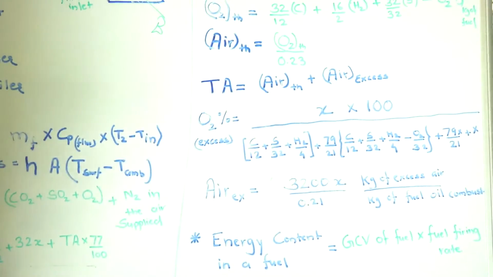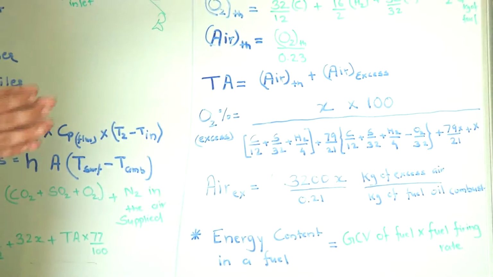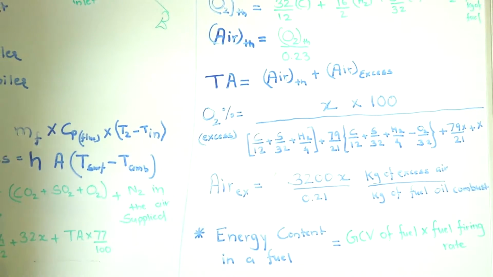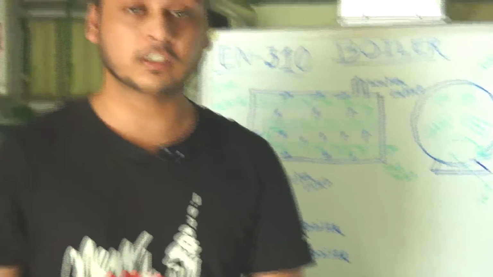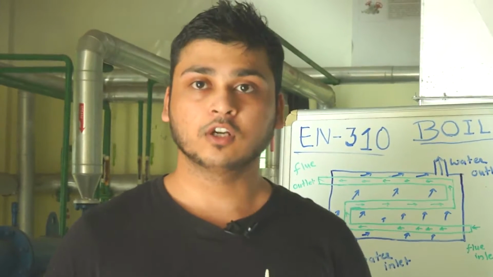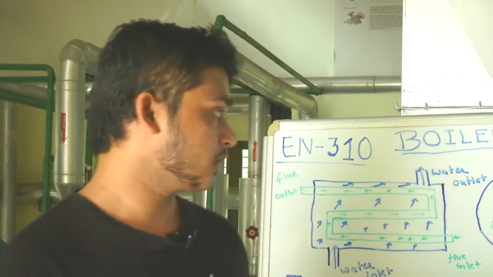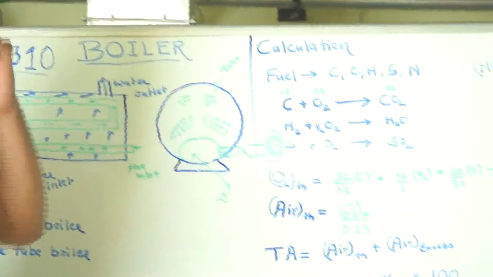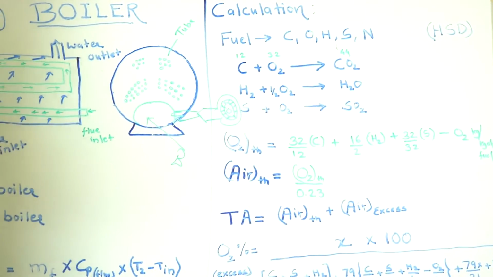The second thing, excess air is there, but theoretical oxygen is also needed, because if we have a fuel which consists of carbon, hydrogen, sulfur, we need sufficient oxygen to give full combustion of that fuel. So we need the theoretical oxygen. In this case, we can calculate theoretical oxygen with the help of the stoichiometric equation again.